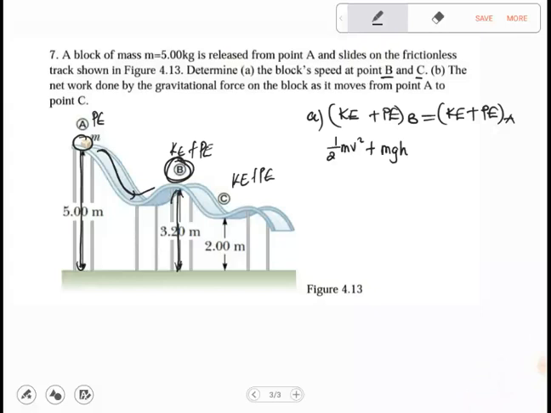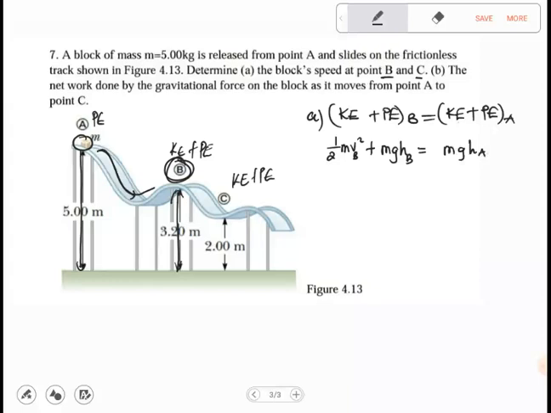This is all at B, so this is velocity at B and this is the height at B. This is equal to the energy at A, where we don't have kinetic energy, so it is 0. We only have potential energy, which is mgh at A.